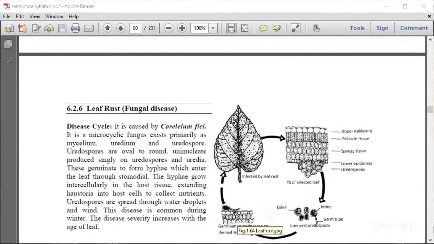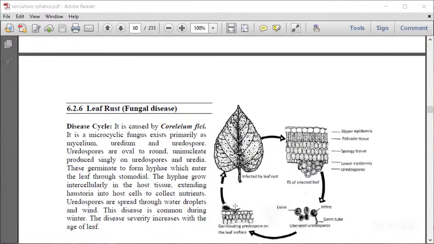The hyphae grow intercellularly, as the name itself indicates. It goes inside the host tissue and extends haustoria into the host cells to absorb the nutrients. With the help of the haustoria, it absorbs the nutrients from the host cell.